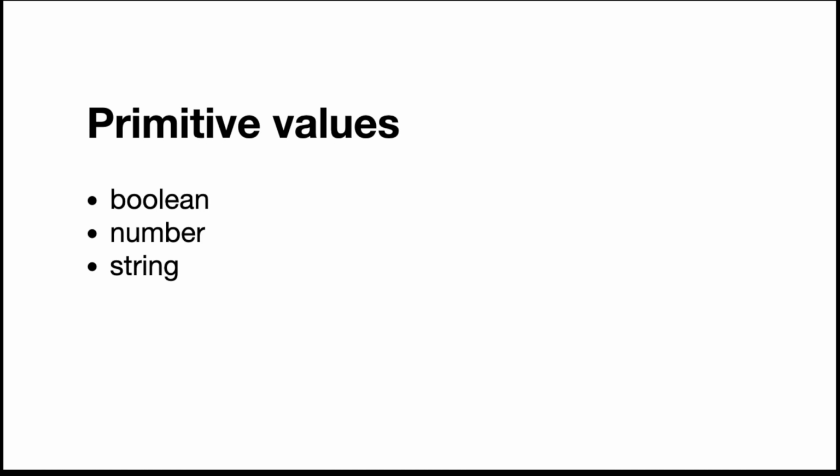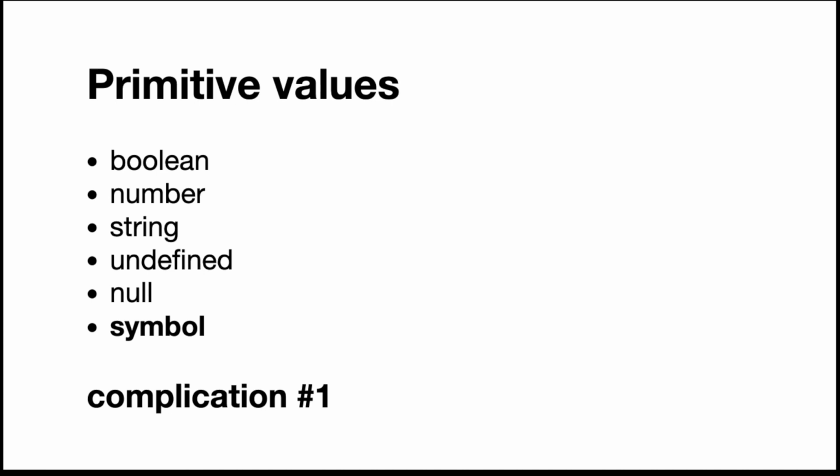Object is not a primitive type. It's undefined. It's null. And now it's symbols. So it's 6. And I know people who know by heart that JavaScript has 5 types. You go to an interview and ask them how many primitive types JavaScript has, and they say 5. And now they have a complication because there's a 6th one. You have to take care of that.